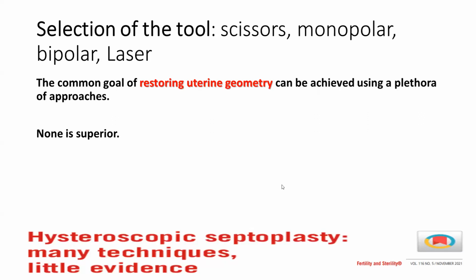I have in the operating room scissors, I have energy modalities like monopolar diathermy, bipolar diathermy, laser. What to choose? Actually, studies found that none of these tools is superior to the other.